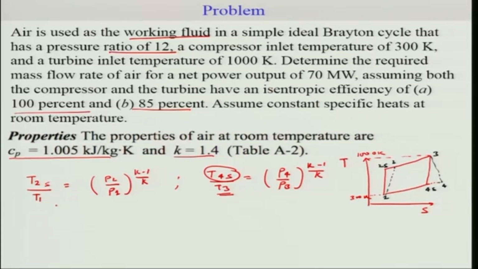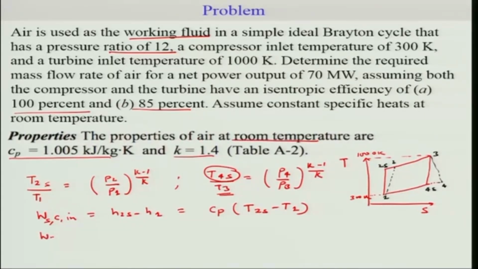Now we use this information to evaluate these temperatures. Now what we need to find out is the W compressor for the isentropic condition. So this is of course only the change in enthalpy, which is H2S minus H1, and this can be written in terms of Cp delta T. We are considering the cold air condition, so hence we are going to take the Cp value at room temperature.